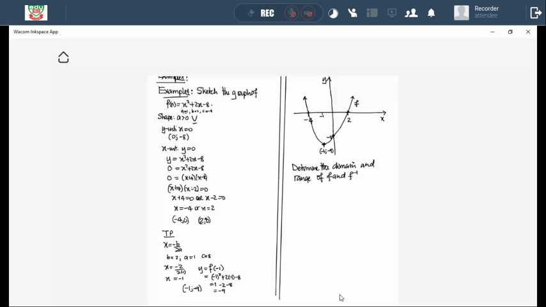Okay, it's still fine. I'll put my f this side and my f inverse that side. Remember, once I get the domain and range of f, then for f inverse, I don't need to come up with it. I can deduce it.